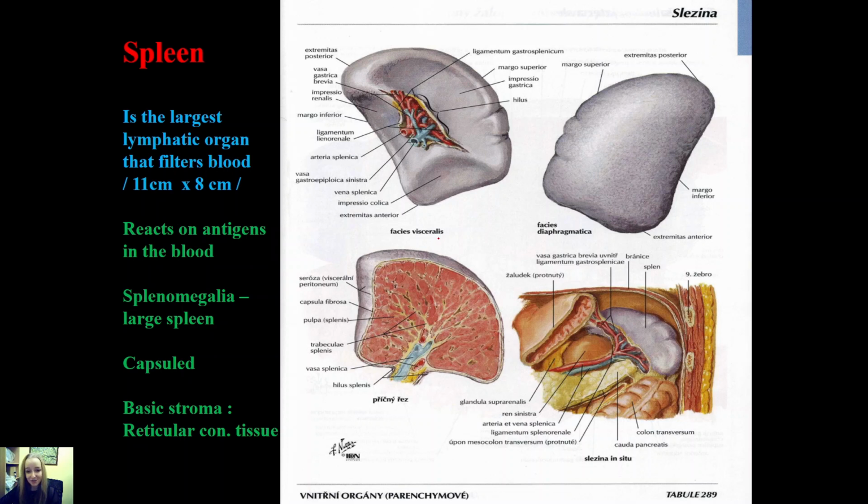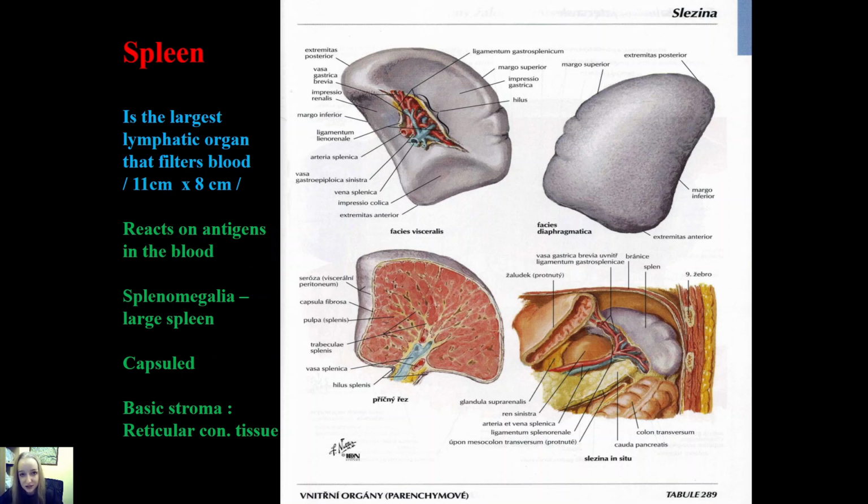It's the largest lymphatic organ, and the spleen filters blood. It's not like in a lymph node, which is more about filtration of the lymph, the interstitial fluid going in the lymphatic vessels, but the spleen filters blood.